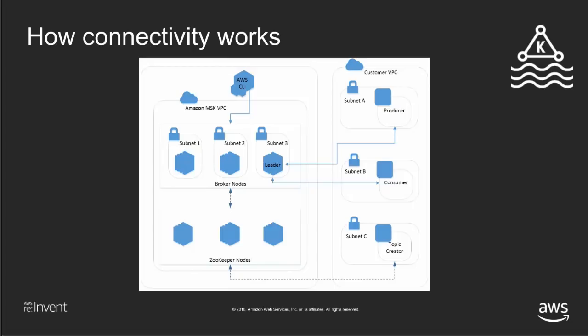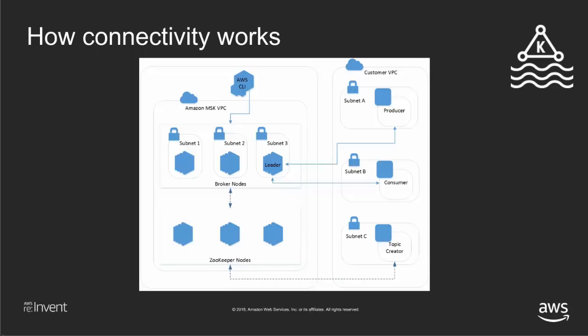Here's a quick diagram on how connectivity works. This is also in our documentation. In summary, the resources themselves within MSK are running inside of a VPC in our account, and we make those resources available to your clients, your producers and consumers, through ENIs.